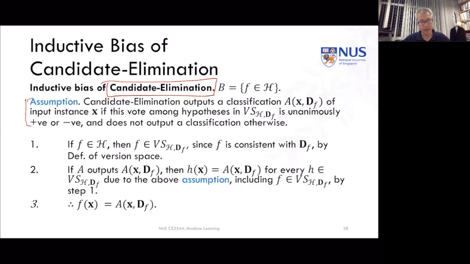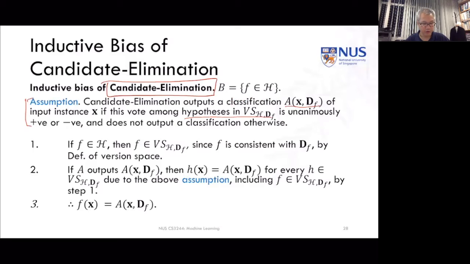Okay, so we're going to make this assumption. We're going to assume that the candidate elimination algorithm only produces a classification when all of the hypotheses in the version space either all accept or all reject that particular instance. That means everything in the version space classifies the same way. So it wouldn't cover that fourth case that we saw in the earlier part on the properties of candidate elimination, where we had to use majority voting to determine an outcome.